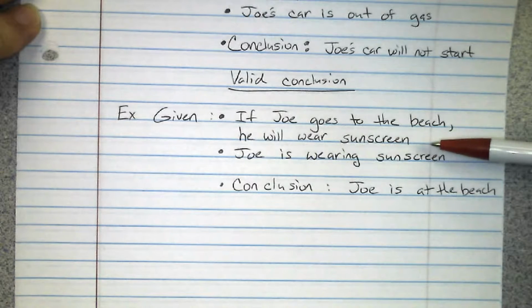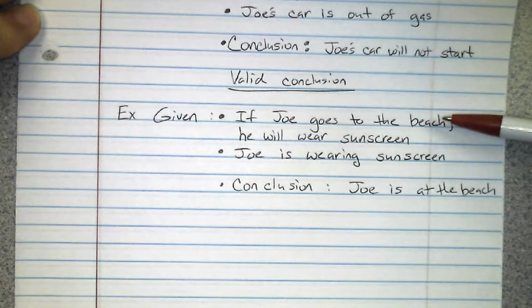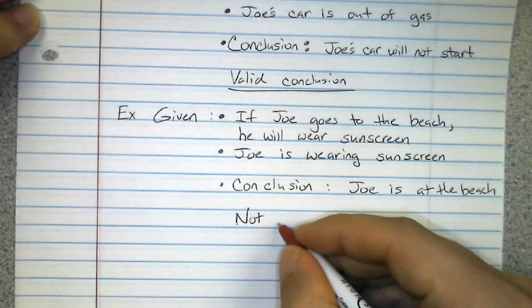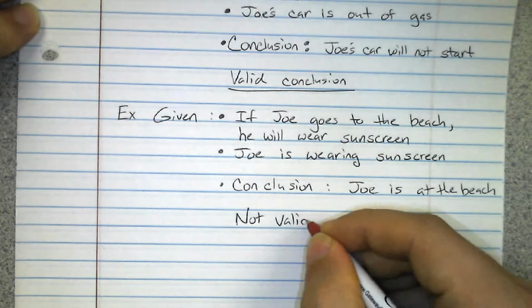Well, he's wearing sunscreen, so that satisfies the conclusion of the conditional. But does that statement satisfy the hypothesis? Well, not necessarily. He could be wearing sunscreen anywhere. Since the hypothesis is not satisfied, we would say this is not a valid conclusion.